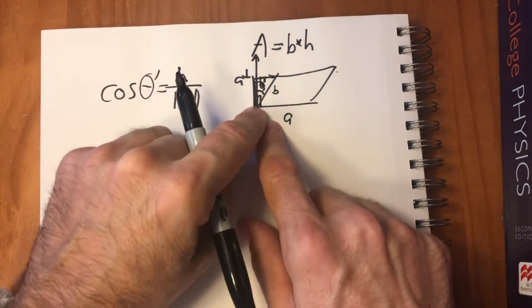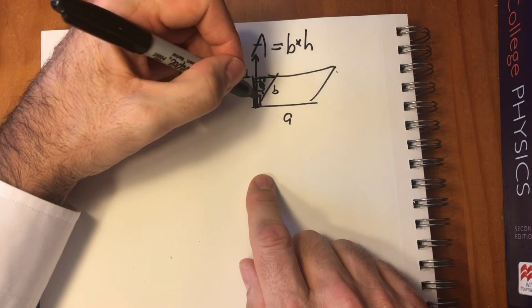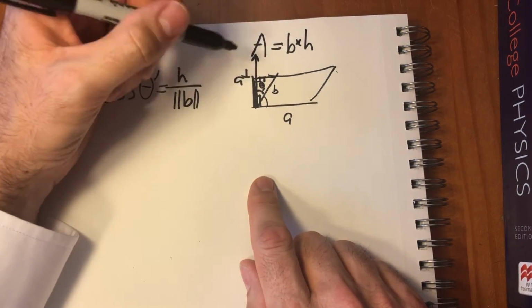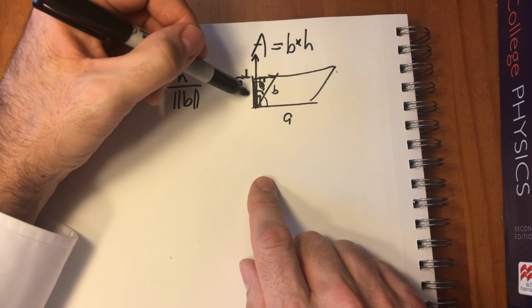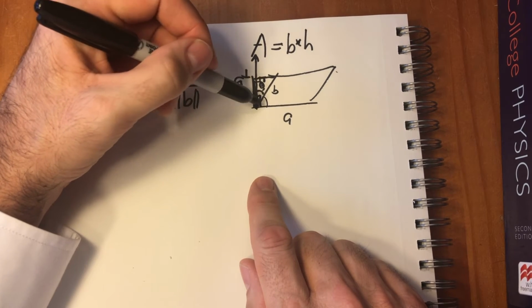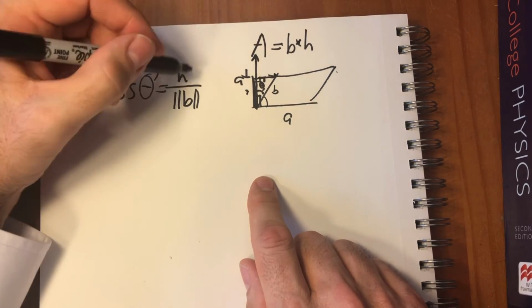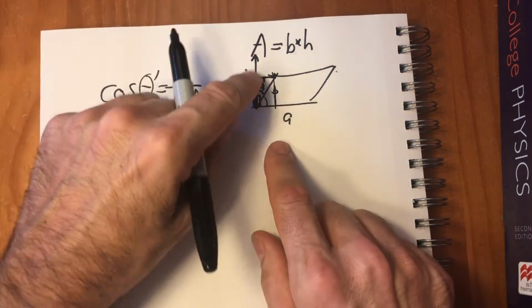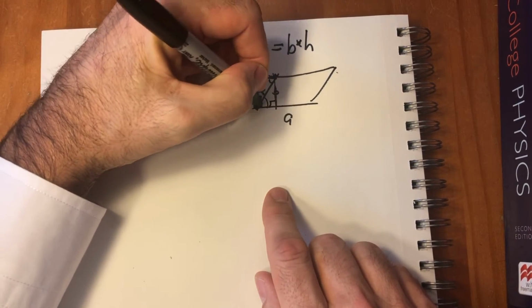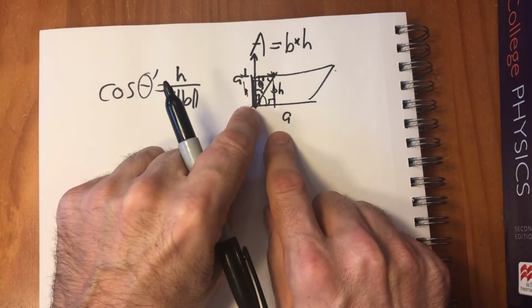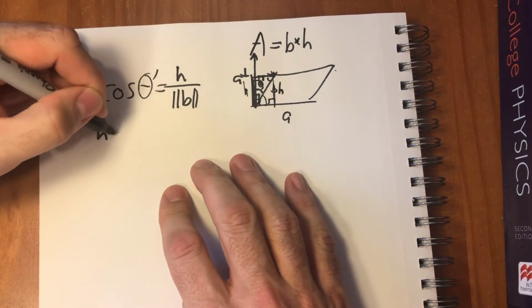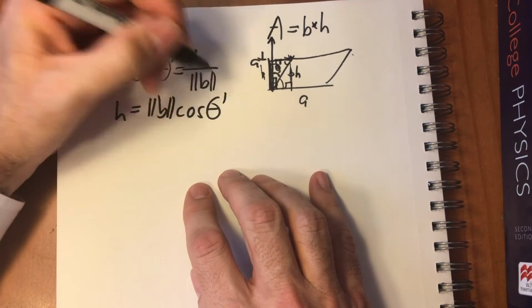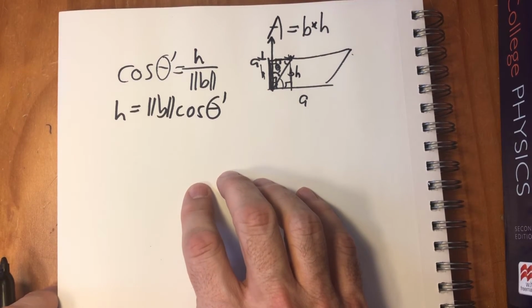This is a right triangle too. And instead of the sine of this one, we're looking at this angle. The cosine of this angle is equal to the adjacent leg over the hypotenuse. So it's h over b. And if you can see that these are all square, so this is the h that we want, but the same h is here. So then h equals b times cosine of that complementary angle.